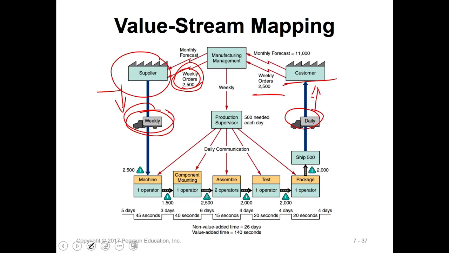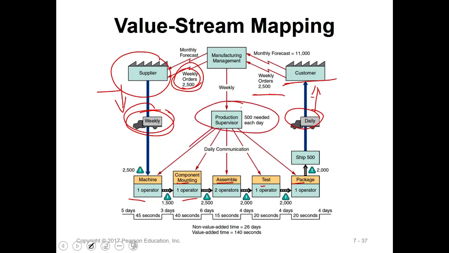After that, they add the process steps. That includes the machines, component working, assembly, test, and packaging. This is the packaging process. They also include the communication method between the supervisors or managers.